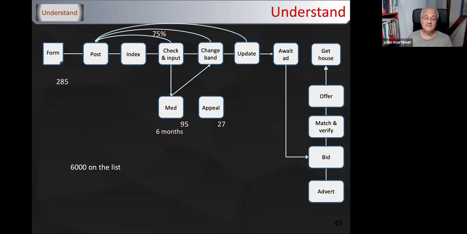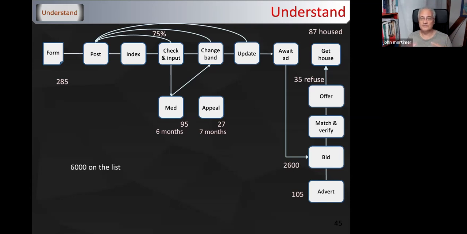And we had 27 appeals a month, those things that we really hate. And it takes 7 months to deal with appeals. We had 105 advertisements going out. We had 2,600 bids. 35 people refused the offers that we gave them. And we housed 87 people.